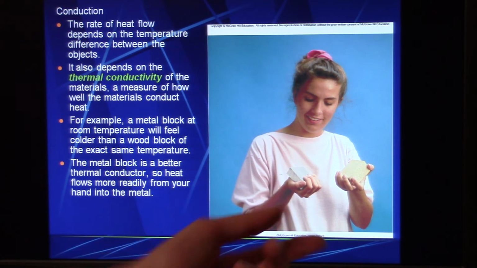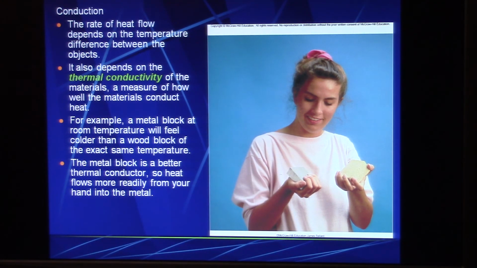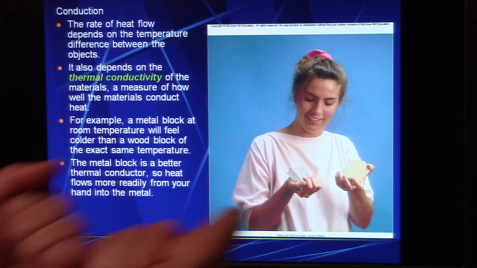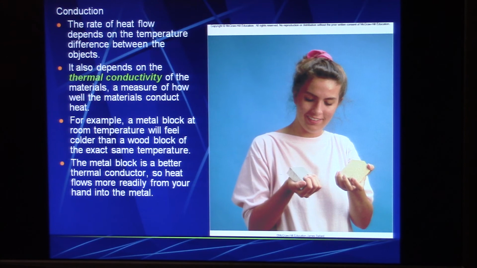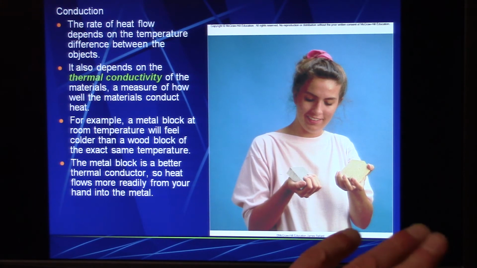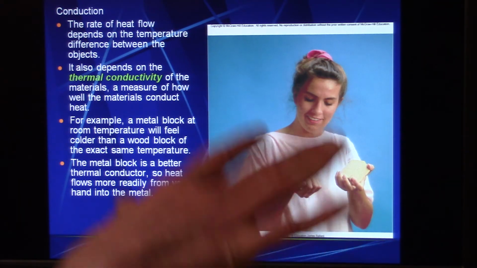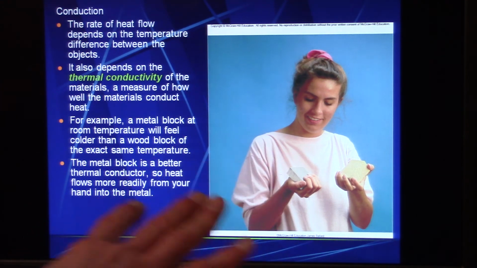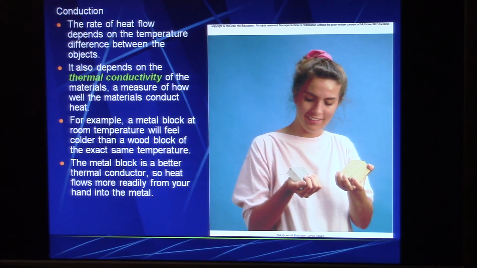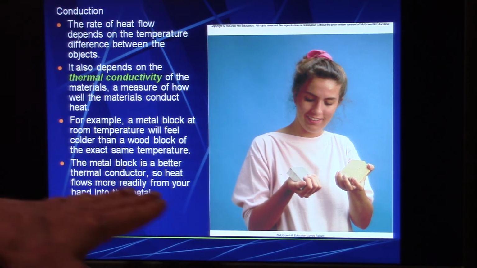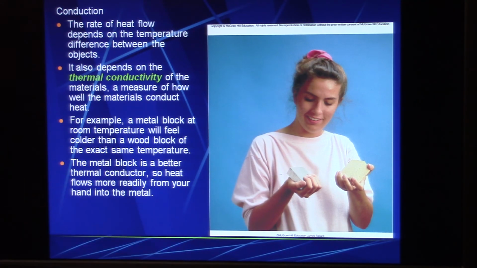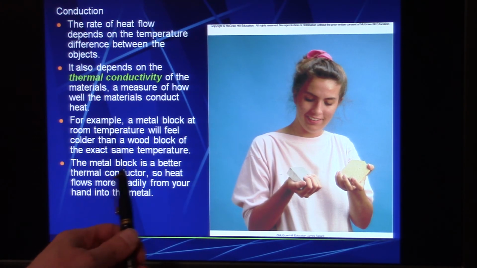So you know that if you pick up a metal block and a wooden block, the metal block always feels colder. Or even on your floor, if you're walking in your house barefoot, walking on carpet feels warmer than walking on the tile floor in the kitchen. So the tile floor, or in this case the metal block, is a better conductor of heat.